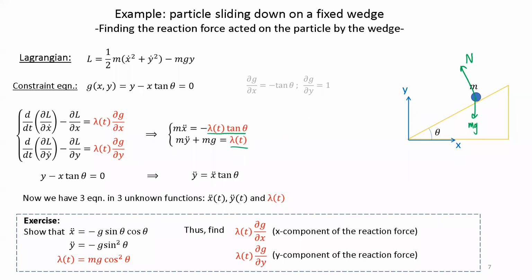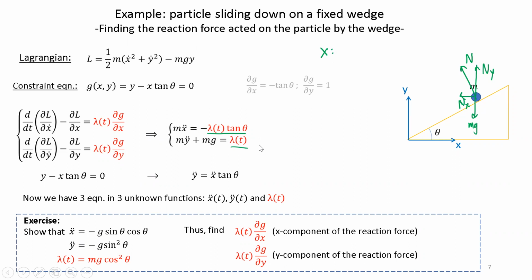If I consider the x direction, this is my ny, this is my nx. Usually you don't break down the two components like this, but I want to show how it matches with this.